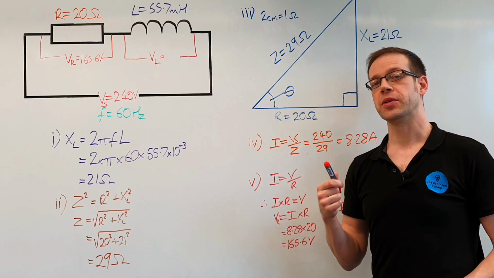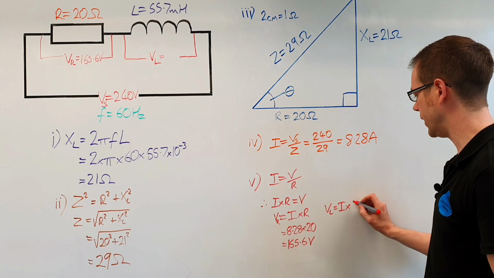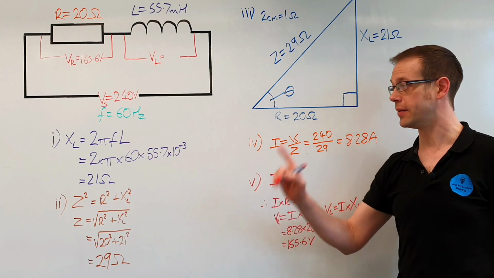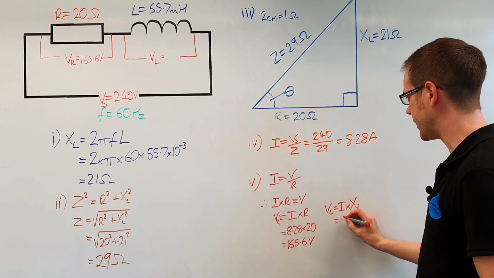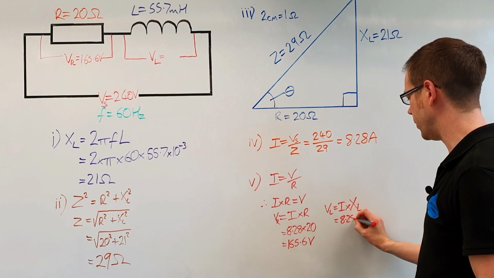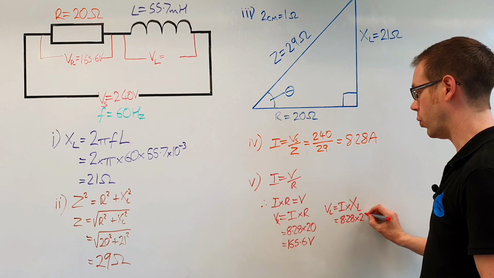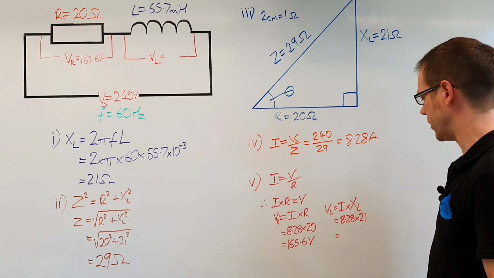We're interested in the opposition to current flow caused by the inductive part of the circuit. So we're going to use the inductive reactance, XL, which we calculated many, many steps ago. So we've got I times XL, so that becomes 8.28 multiplied by 21 in this case, because that is the value of the inductive reactance in this circuit.